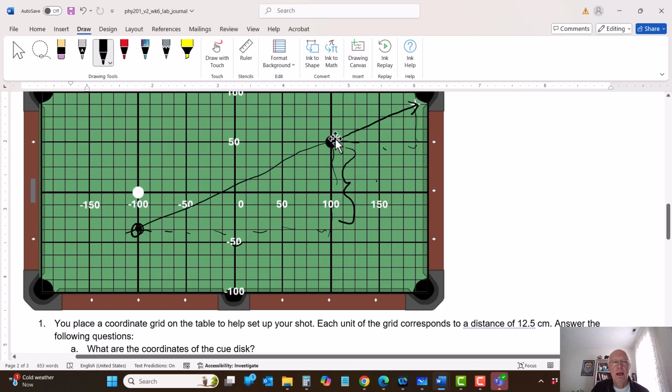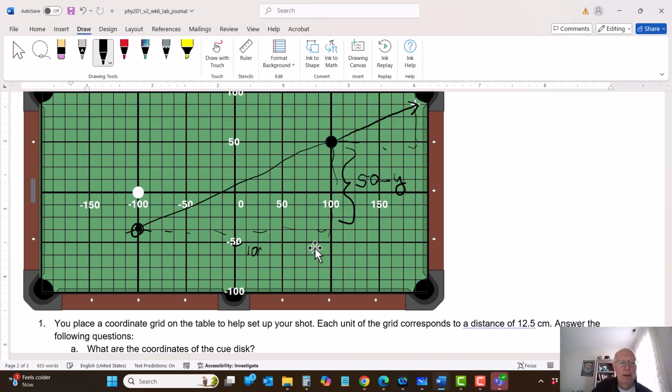So the displacement in the vertical direction is the coordinate 50 minus the coordinate of the new position of the Q disk. So it's 50 minus y. We want to find y. And then the horizontal displacement is the coordinate of the 8 disk, which is 100, minus the coordinate of the Q disk, which is negative 100.